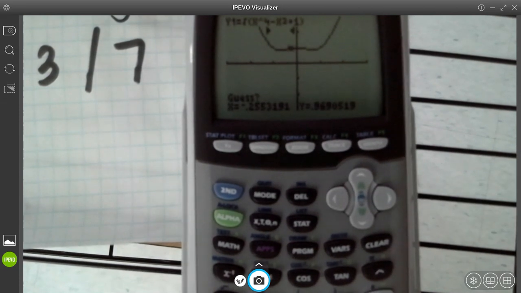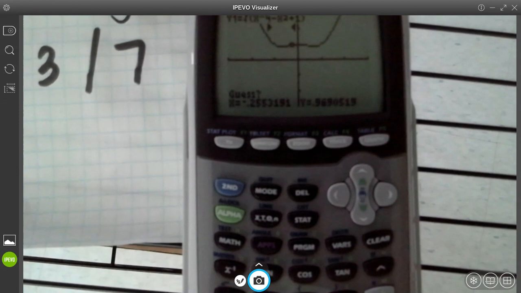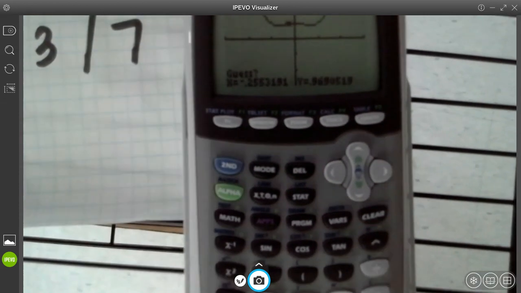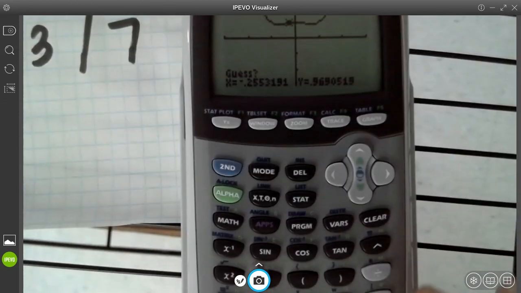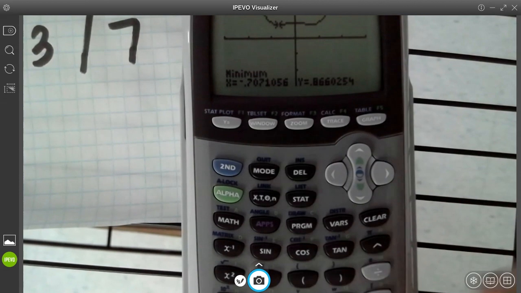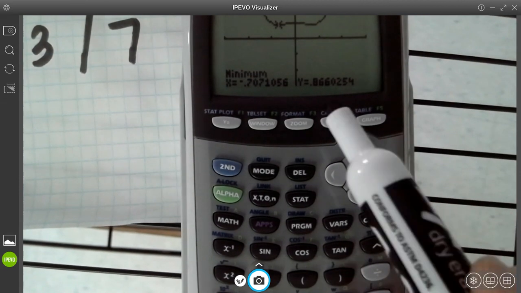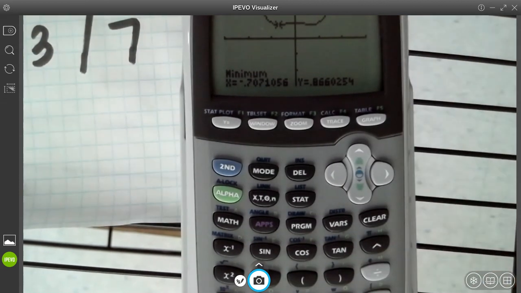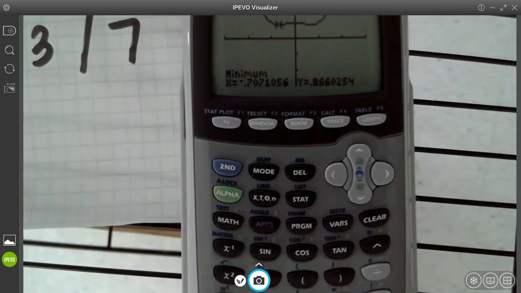And then you're going to ask it to make an educated guess. All right, yes. And you find out when x is negative 0.71, y will be 0.87.